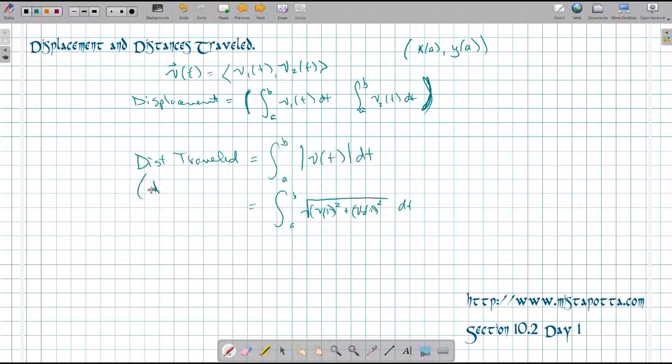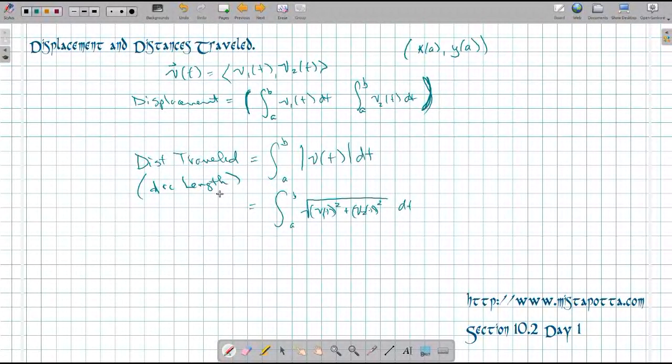And in fact, this is the arc length formula. The distance that I travel along a vector-valued function is the same as the arc length for that vector-valued function.